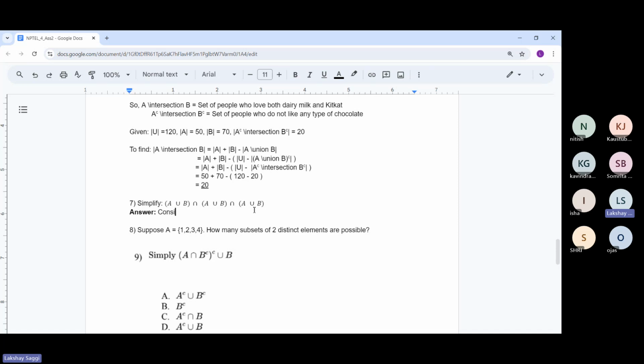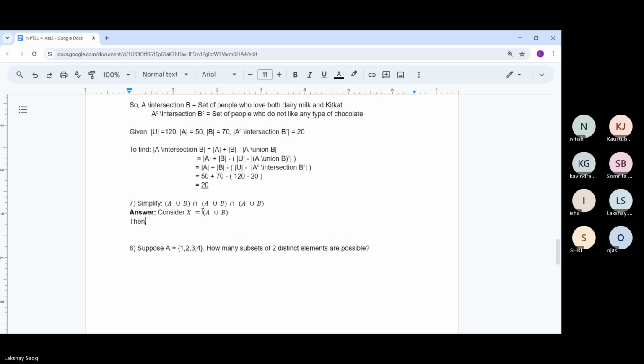Just consider X equals A union B. Then we need to simplify the given expression. Note that X is also a set because it is just the union of two sets.